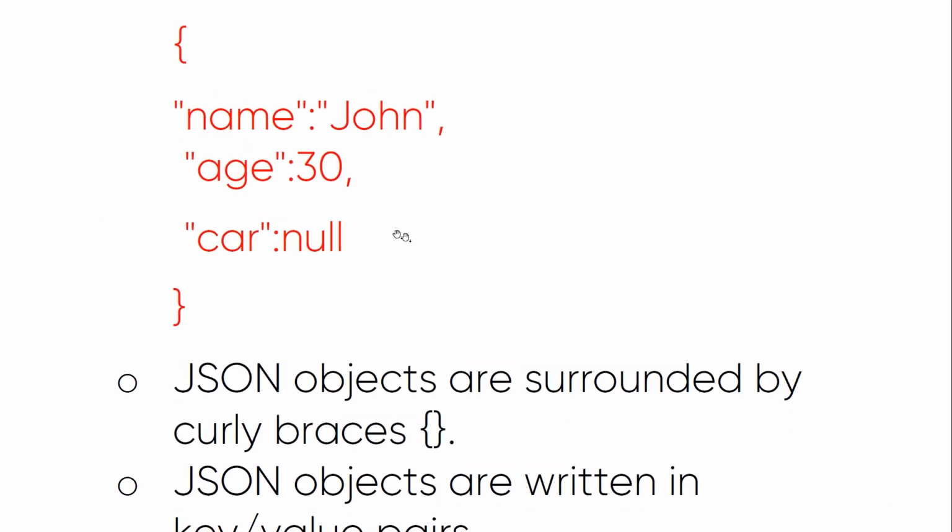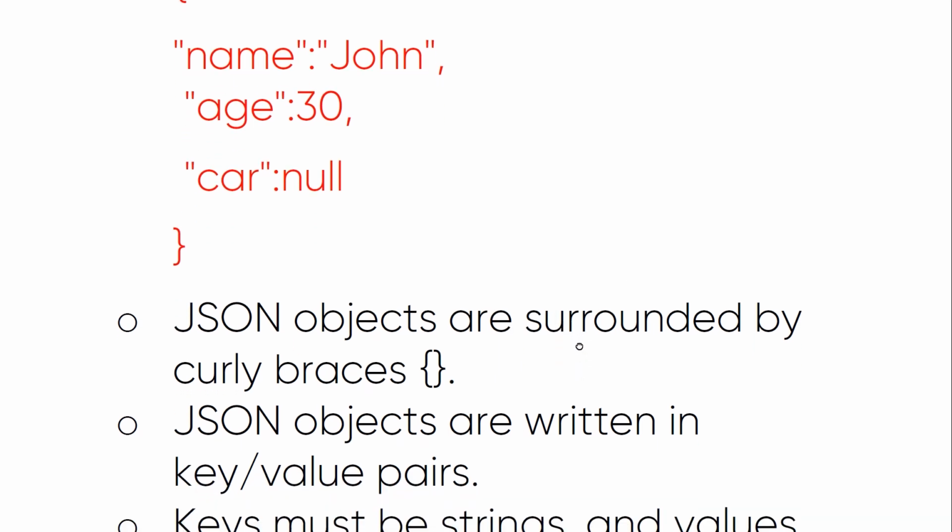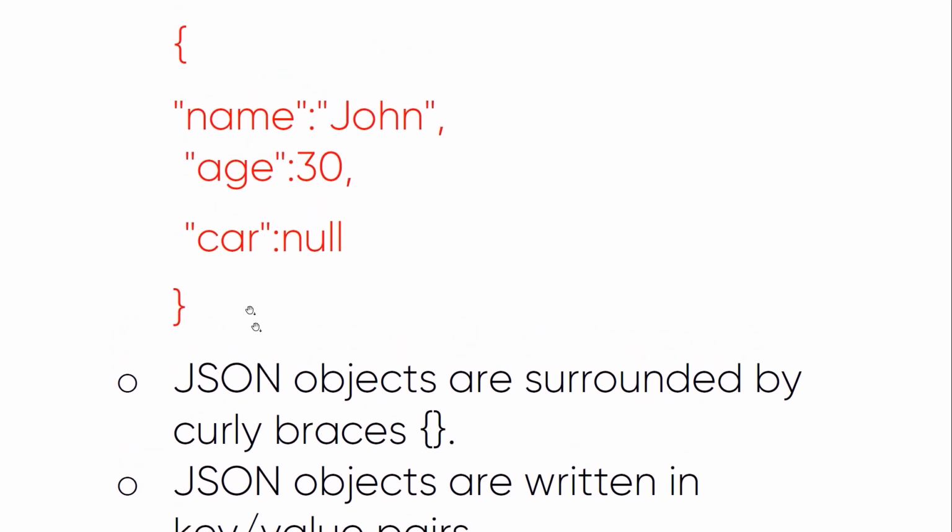So what is a JSON object? Name, value, name, integer, and the value could also be null. JSON objects are surrounded by curly braces. Everything between these curly braces is called a JSON object. So the third type of value could be a JSON object like this, having many data and many properties.